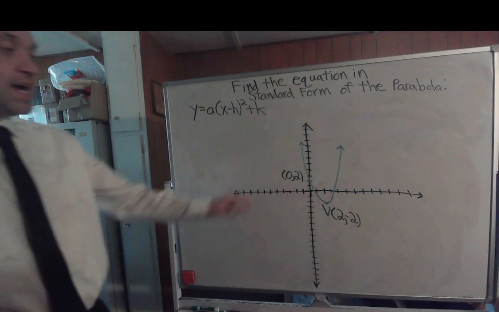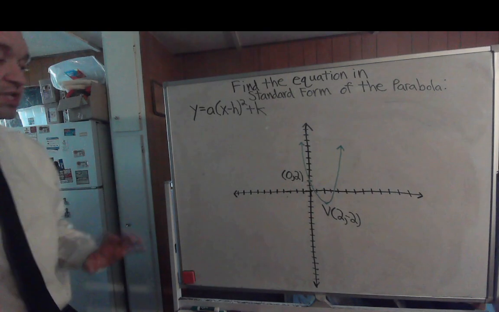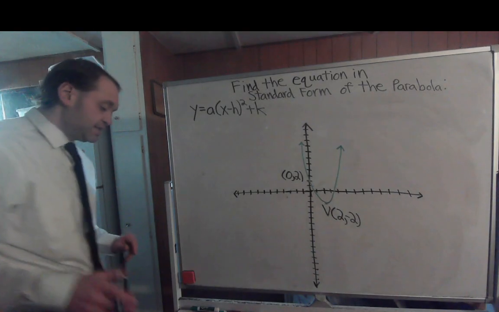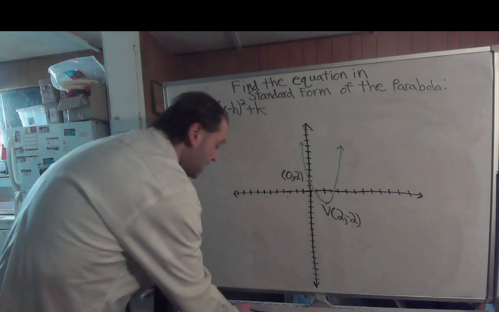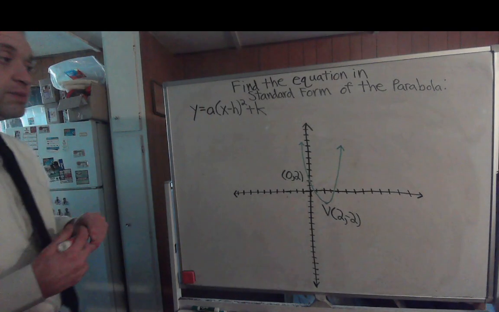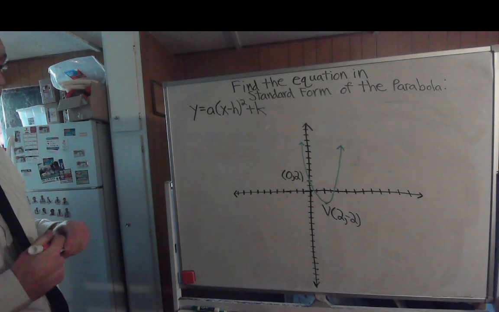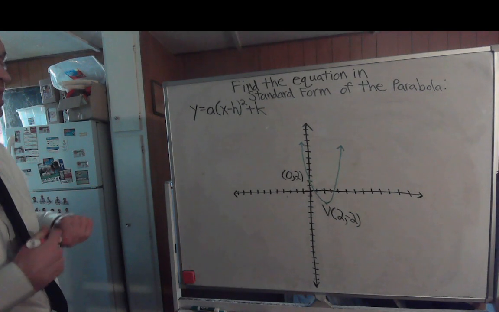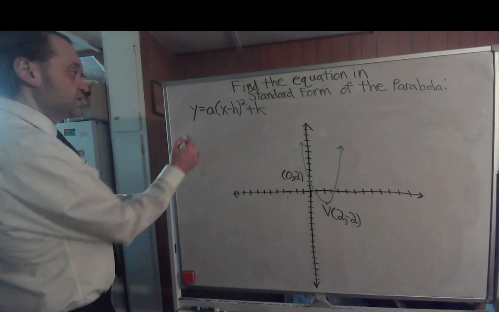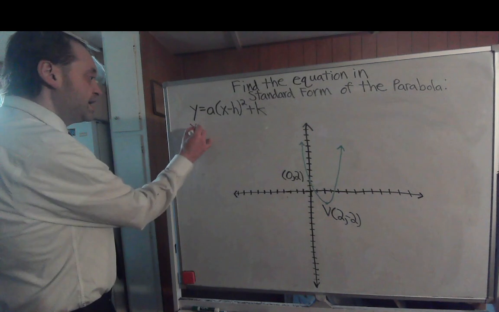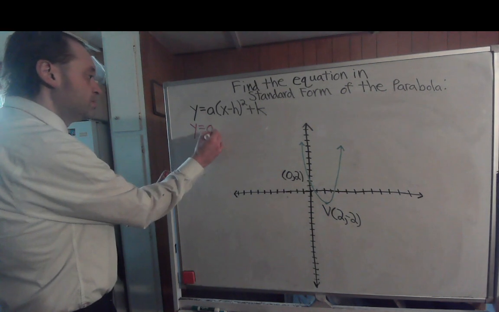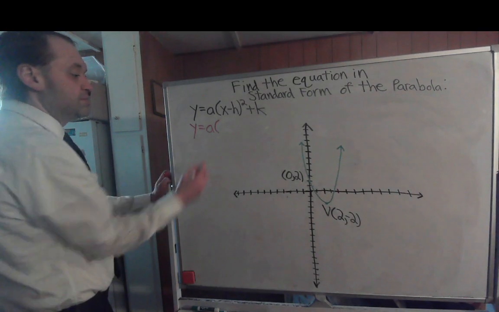And then it passes through the random point (0, 2). What we really need to do here to start with is solve for a, and then we have a hope of getting this into standard form. So we have y is equal to a times the quantity x minus h squared plus k.